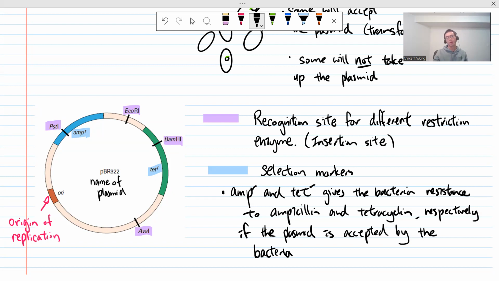Okay? When it's taken up the plasmid, not only is it going to produce the gene that we want it to produce, but it is also going to produce these ampicillin-resistance genes, which make it resistant to ampicillin, like it's not going to get killed by ampicillin, as well as the tetracycline-resistance gene.